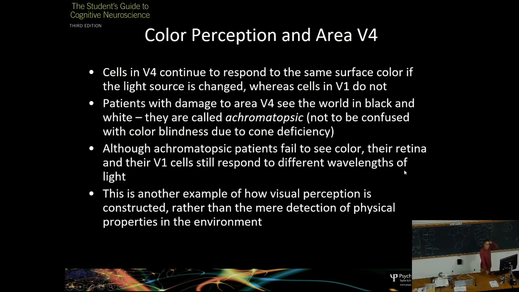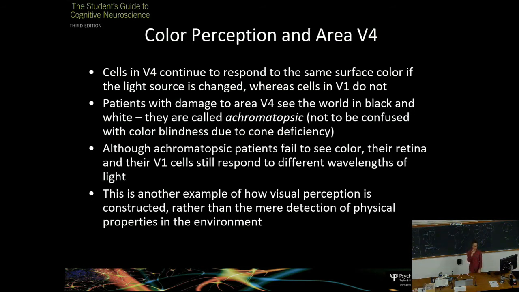What's also interesting is that you can show that patients who have damage to their V4 can still detect wavelengths of light in the retina and so on. For instance, if you have a green square and a red square that are abutting, and you ask them to tell these colours apart, which one is which, they can't.